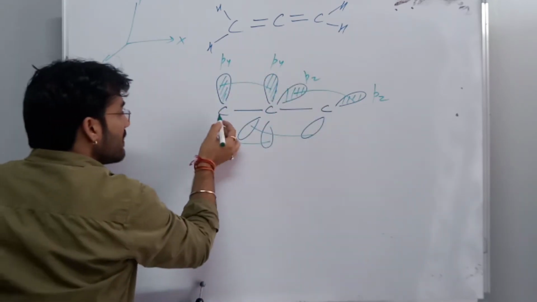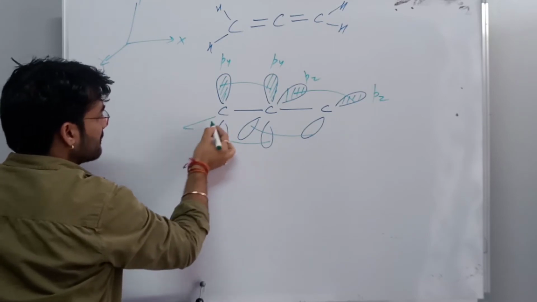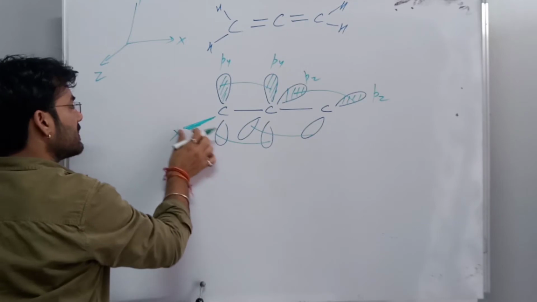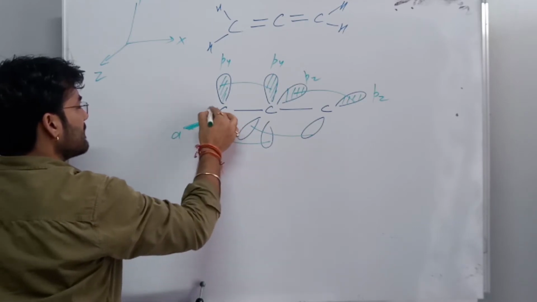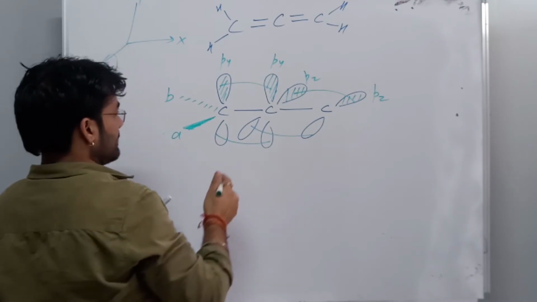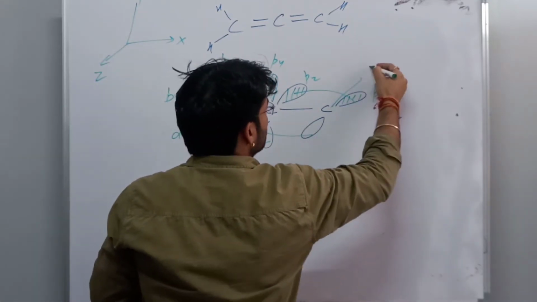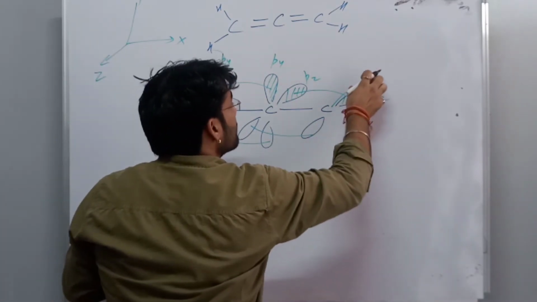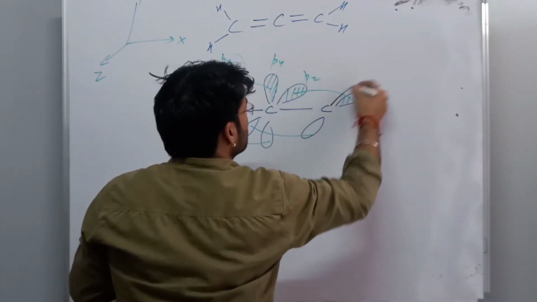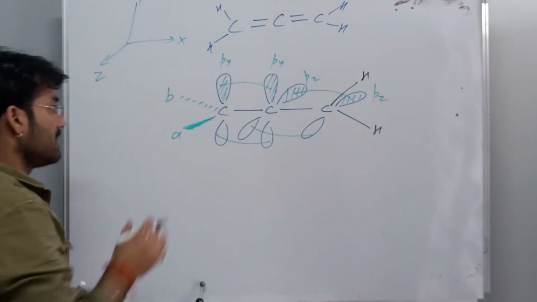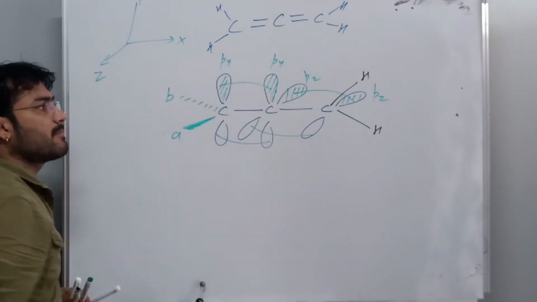It means that the groups which are coming here, let's say this is X, A, this is B, and this is H, and this is H. As you can see, these are perpendicular to each other.